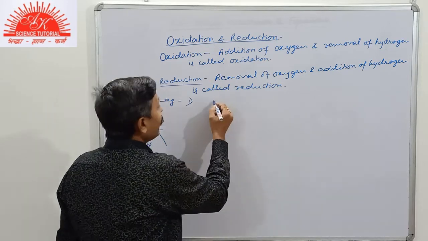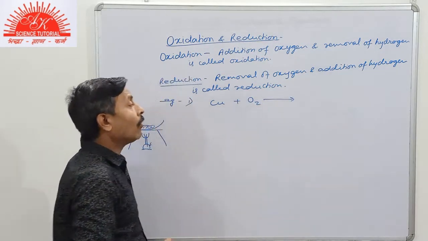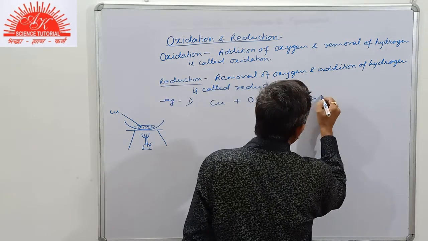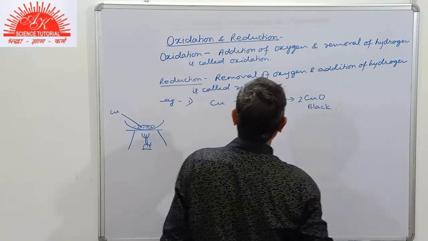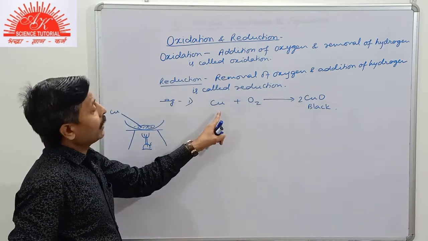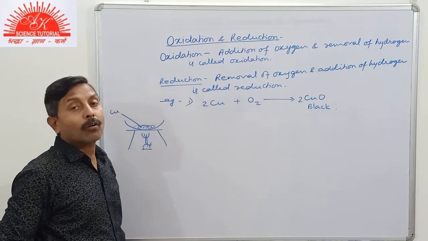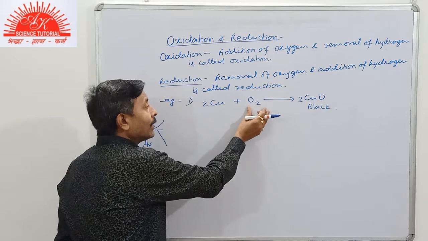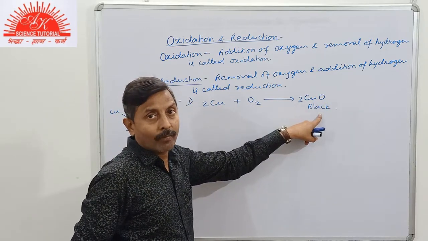We observe that when copper is heated in air, in oxygen, after some time it turns black. Here you see that copper is oxidized to copper oxide. Since oxygen is added to copper, this is oxidation.